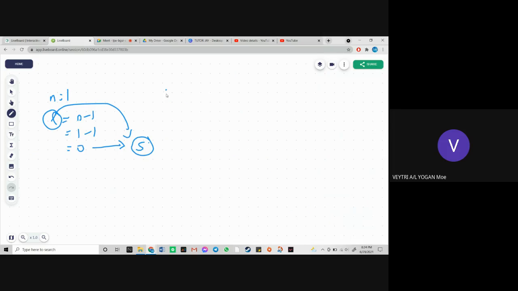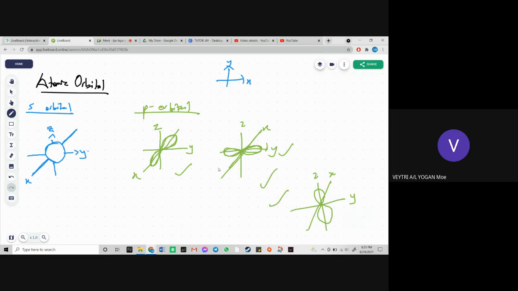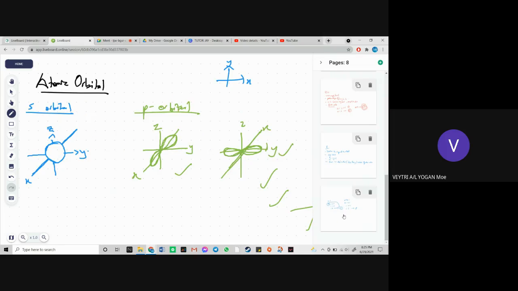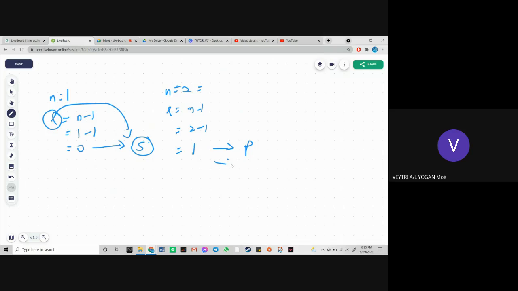Next, if N equals 2, L equals N minus 1. 2 minus 1 equals 1. Over here, when N equals 2, L equals 1. L equals 1 doesn't necessarily mean it is for the P shape only. It can also represent other shapes. For L, it is a special case.